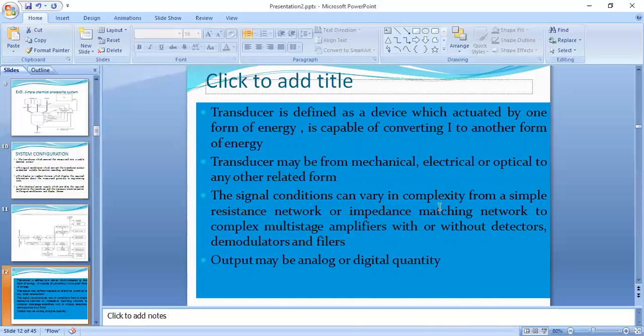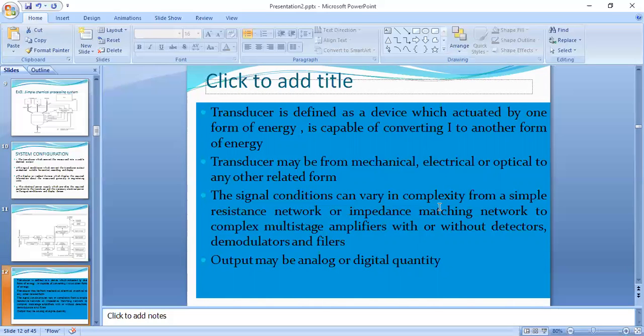So the signal conditioner can vary in complexity from a simple resistance network to a complex multi-stage amplifier with or without detectors or demodulators or filters. So the output may be an analog or digital quantity.